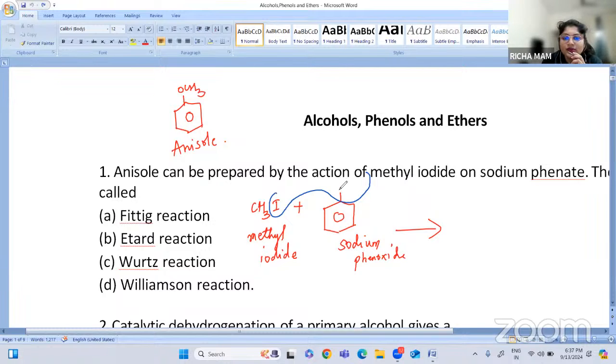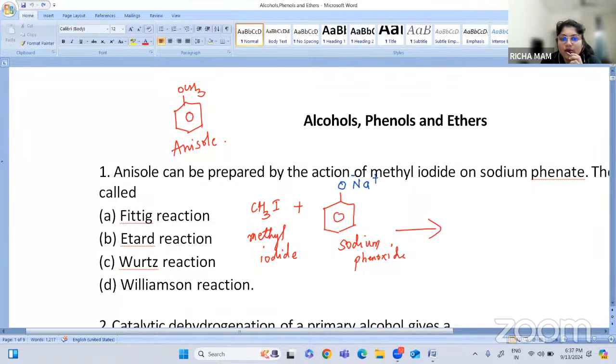See here, if I write ONa plus CH3I, just to show you how it gets combined, your CH3 will get attached here and you get OCH3. It will be O minus Na plus.